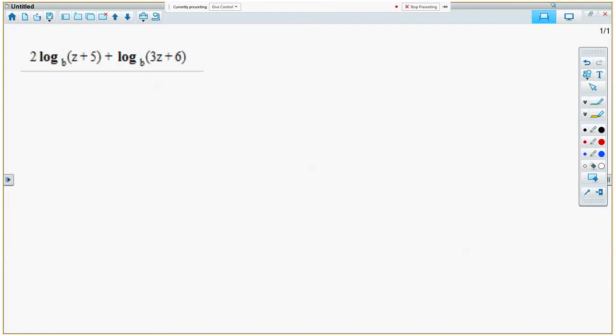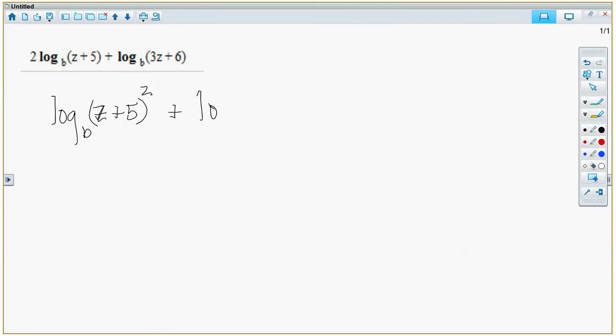So that's going to be log base B of Z plus 5 raised to the second, plus log base B of 3Z plus 6.